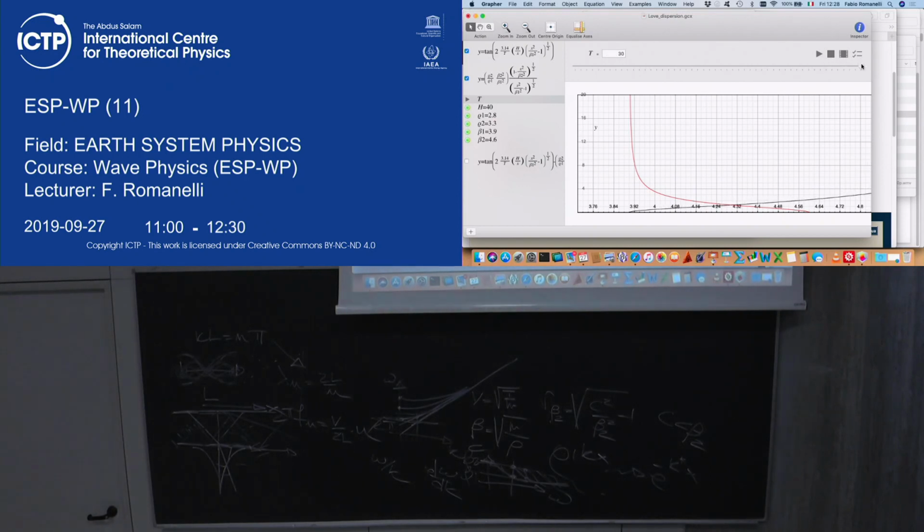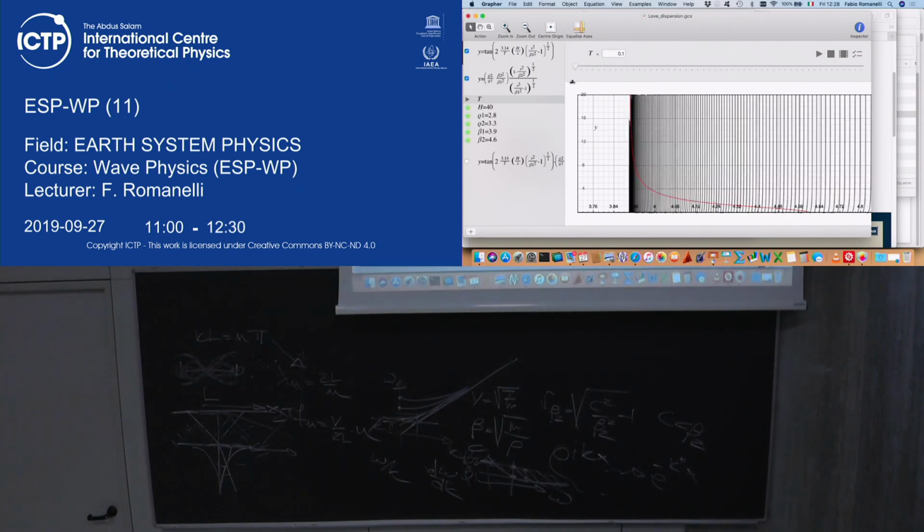You see just one solution. 10. And then 5. 3 solutions. If you increase, you will have infinite. I cannot increase if you go to shorter periods.